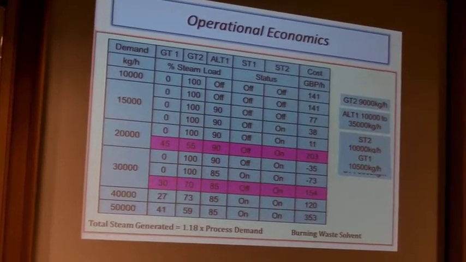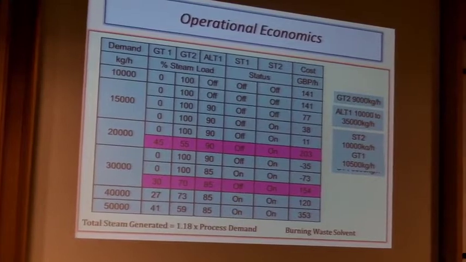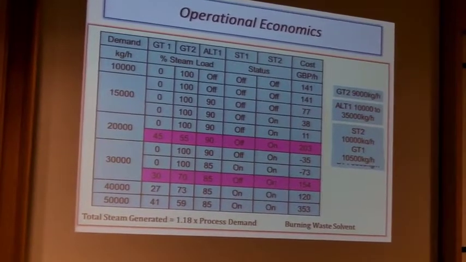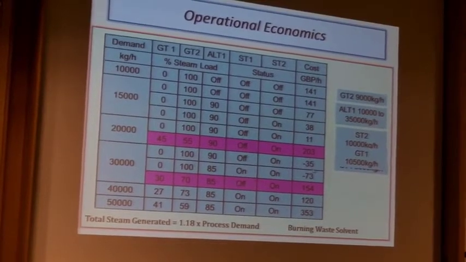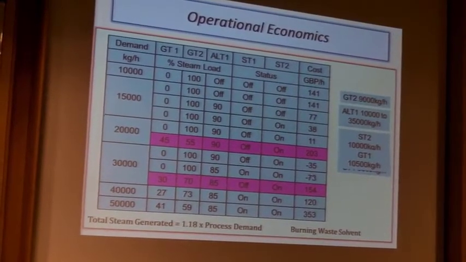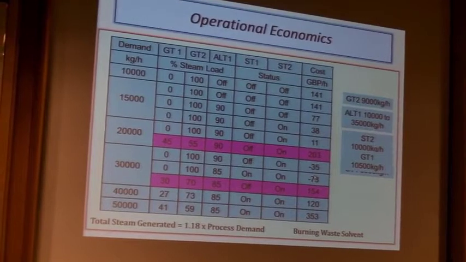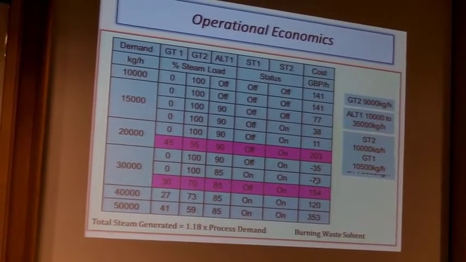If you take that over 6,000 hours, it's a lot of money, isn't it? And at £30,000 an hour, you can see he's starting exporting to grid. So he's actually making money now. He's running his process and he's exporting.